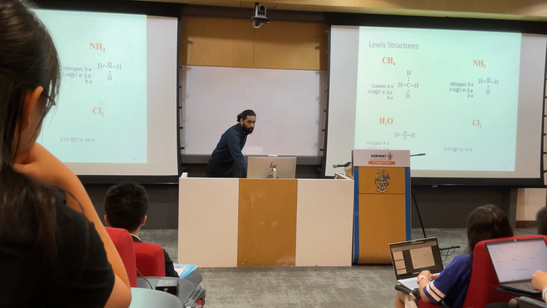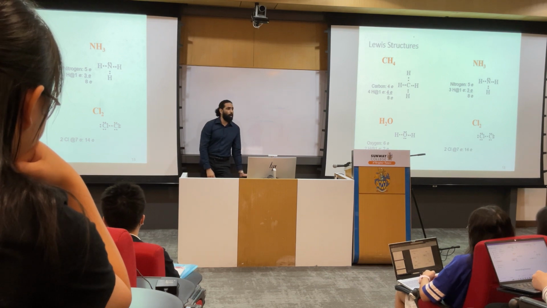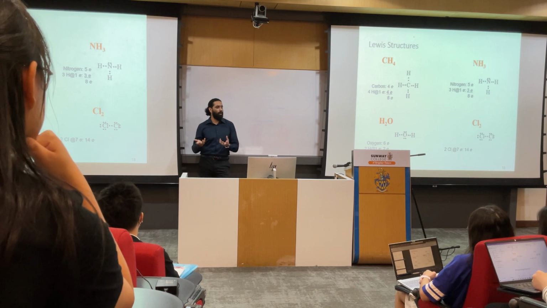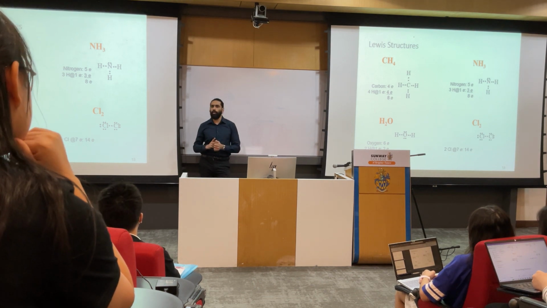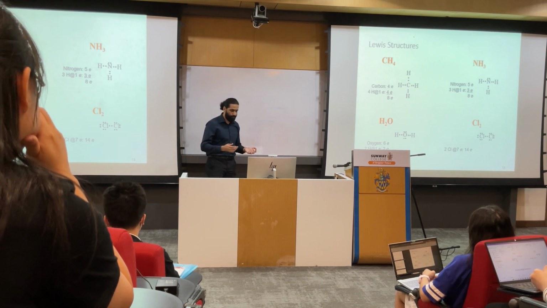Chlorine, it has 14 electrons, but chlorine can only make one bond, so chlorine makes one bond pair, and then each chlorine has three lone pairs, right? Correct?